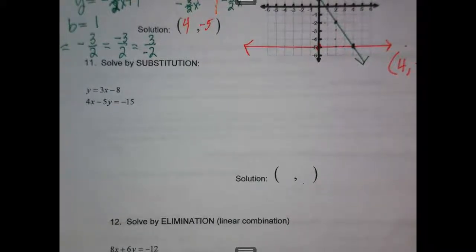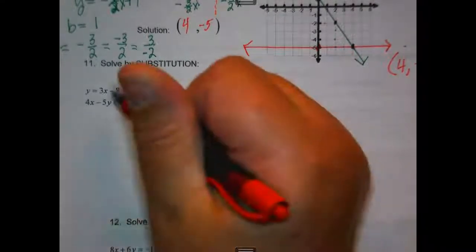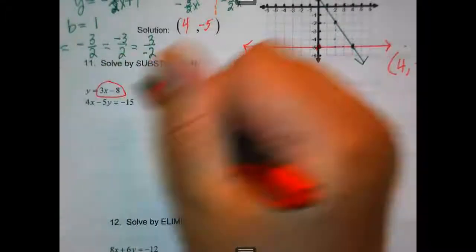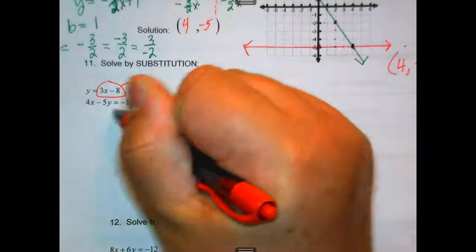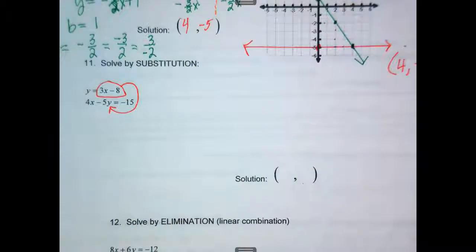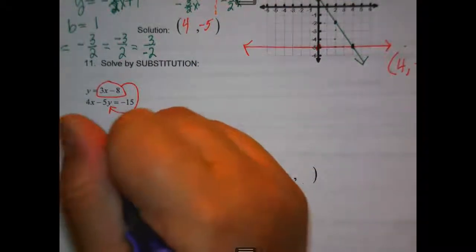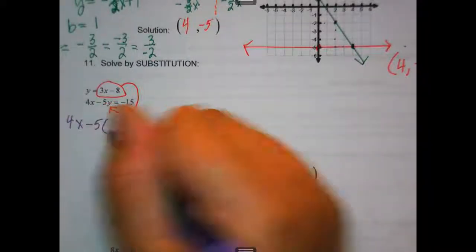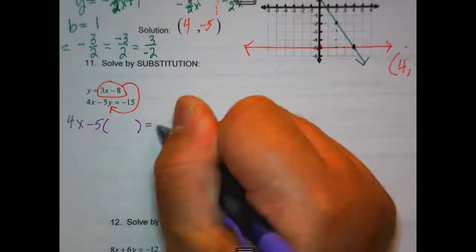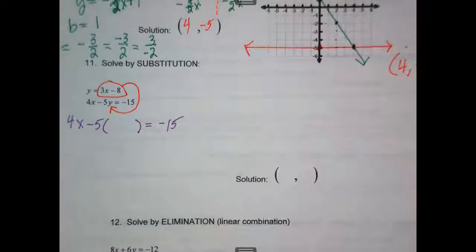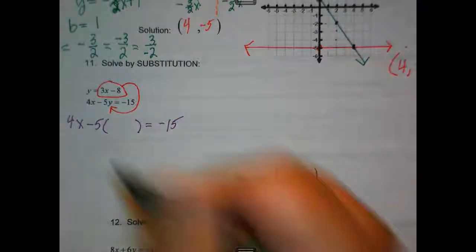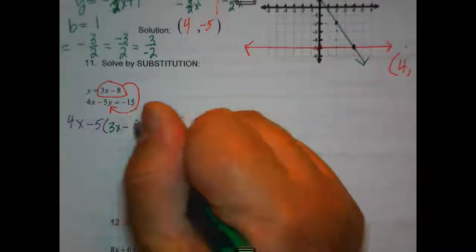Number 11, solve by substitution. Oh my gosh, we're running out of time. Okay, I'm going to substitute it in the other equation. So I have 4x minus 5. I'm going to substitute in y, negative 15. My y is 3x minus 8.